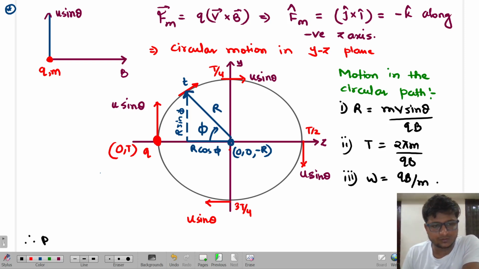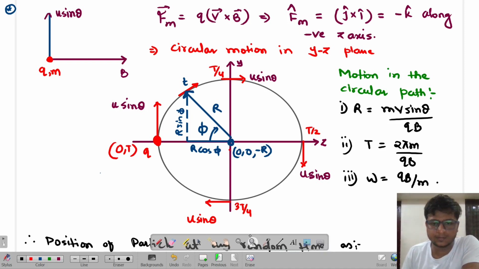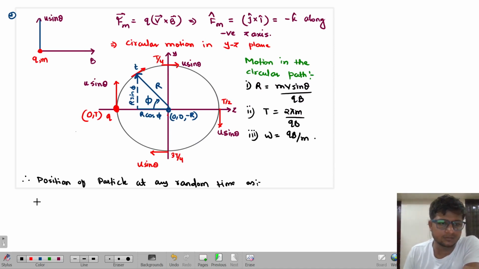the position of the particle at any random time. Let's define our position of the particle at any random time.